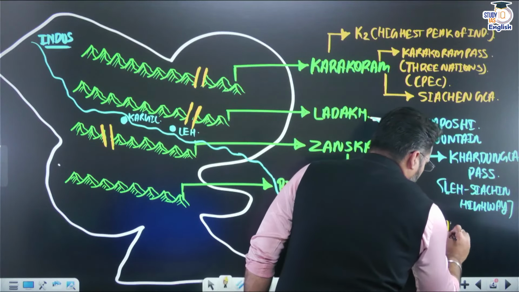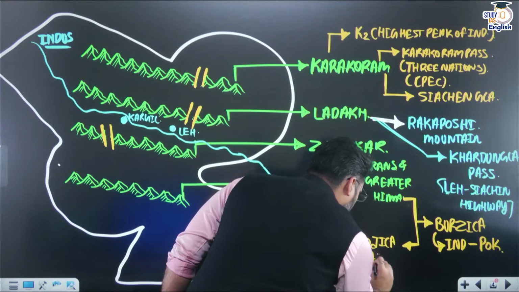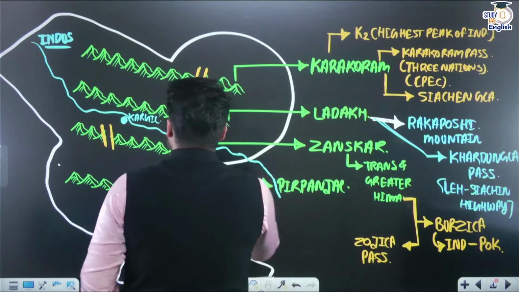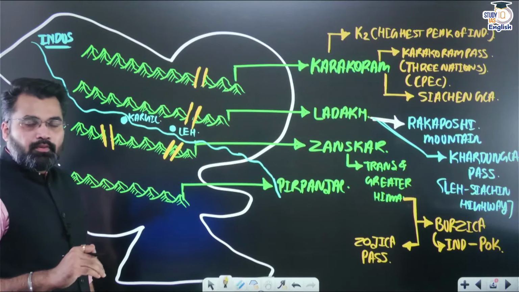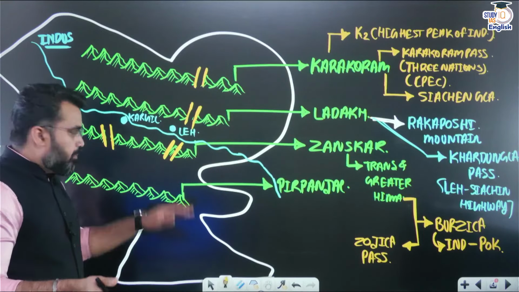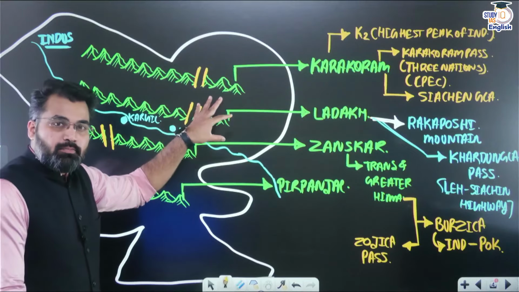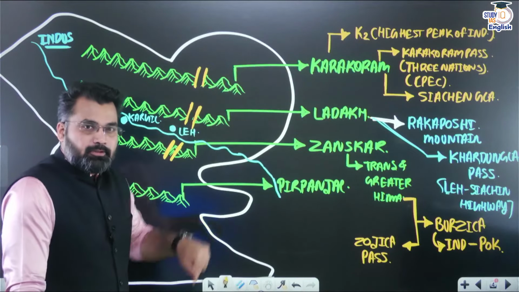Done. And the other pass is called Zojila Pass. Zojila Pass used to connect India with Siachen, and prior to that, this pass was used for trade between India and China and Tibet.